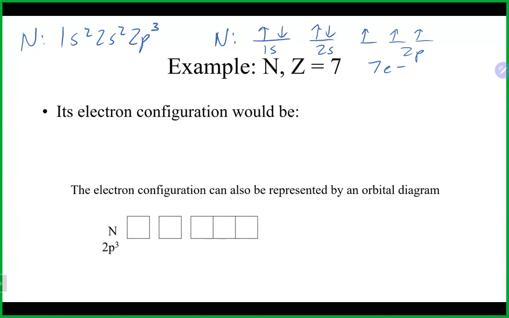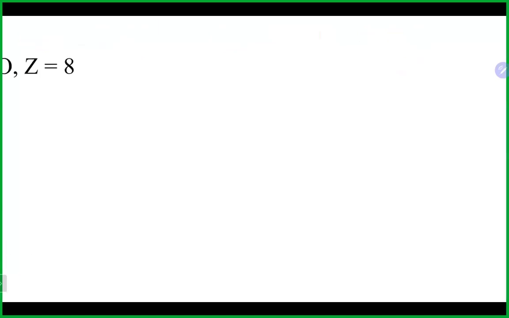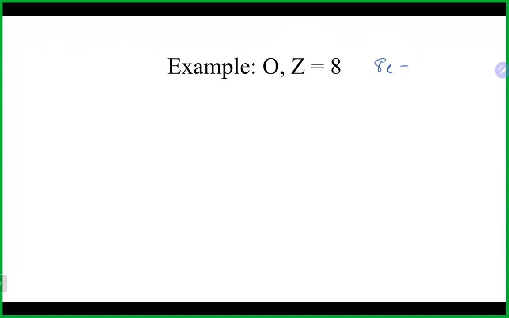So we'll go oxygen there, which is number 8. So oxygen, again, would have 8 electrons. So once again, starting there at our top, 1s2, 2s2, 2p4 in this case, giving us now 6 electrons on the second energy level, 2 on the first.